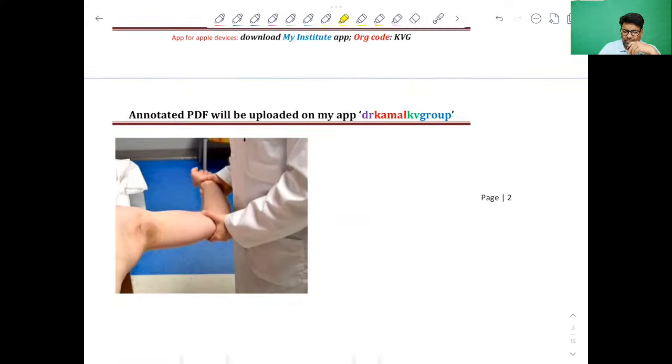Now if you look at the picture, you can see the upper limb is abducted and externally rotated. The moment there is this kind of movement, abduction and external rotation, that is one maneuver which can lead to anterior dislocation of the shoulder.